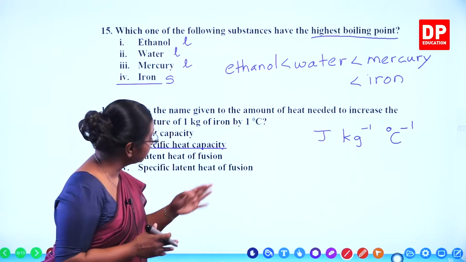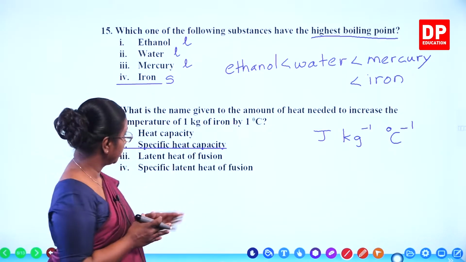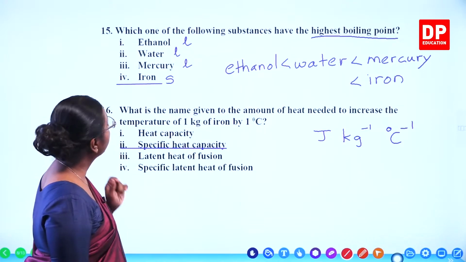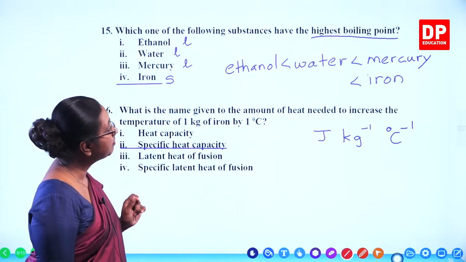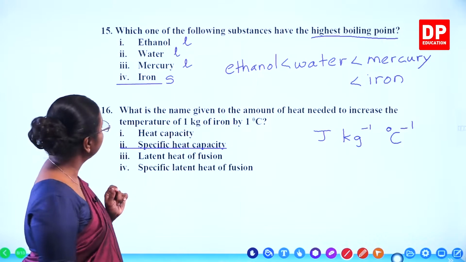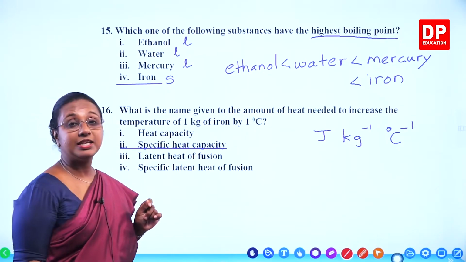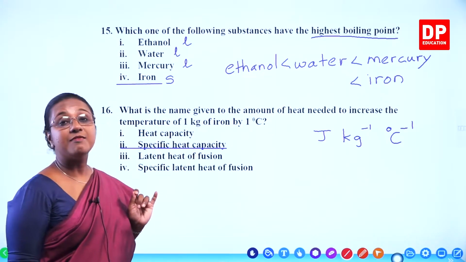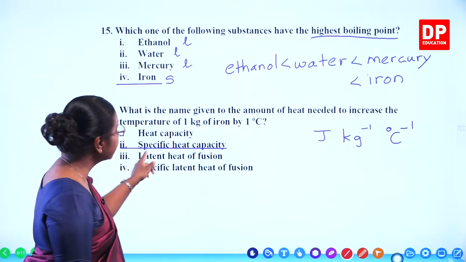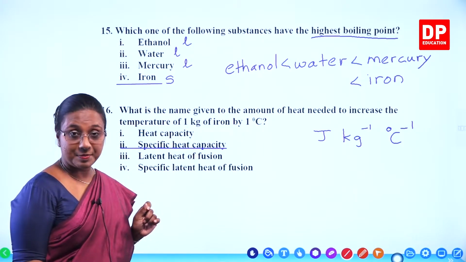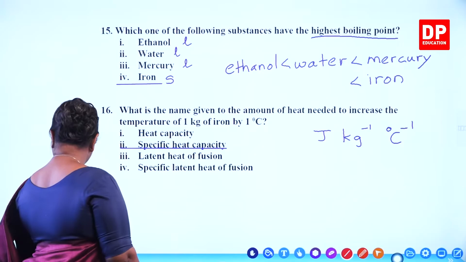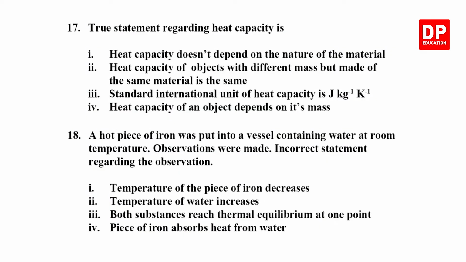So that is specific latent heat of fusion. According to the question, what is the name given to the amount of heat needed to increase the temperature of 1 kilogram of iron by 1 degree Celsius? That is specific heat capacity. With that, students, I will move on to the next question.